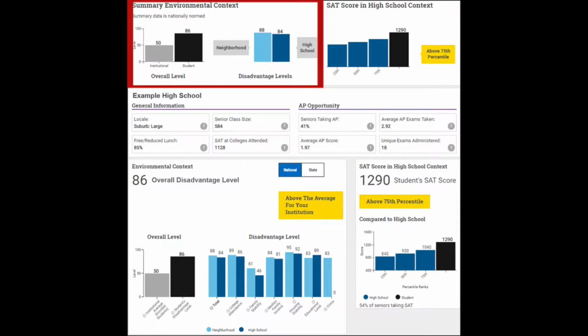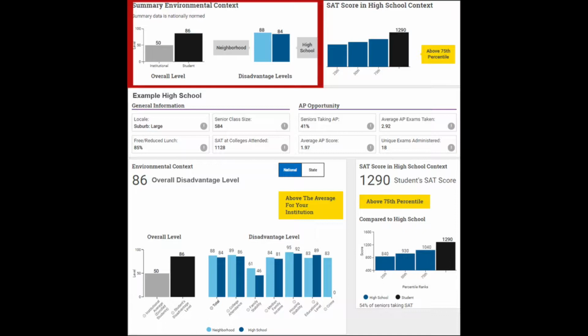And basically what that shows you, to the left there, is the median, which is 50%. And in this example, you see that the student's overall environmental adversity is 86, which means they're above the median. And if you're at a school like mine, where we give an extra point for students who are above, I think, the 75 range, they get an extra point. So that's kind of what that means.